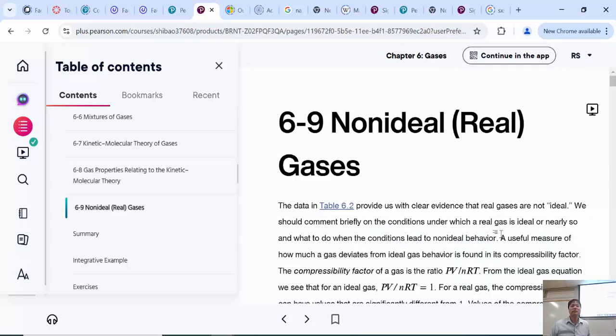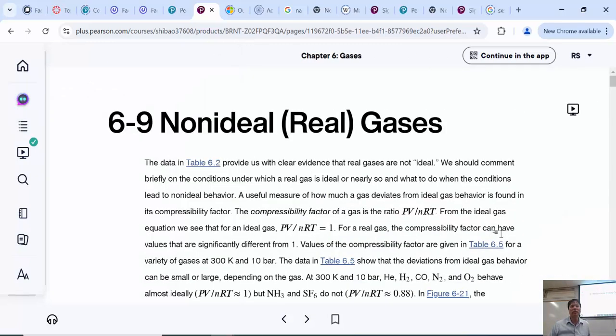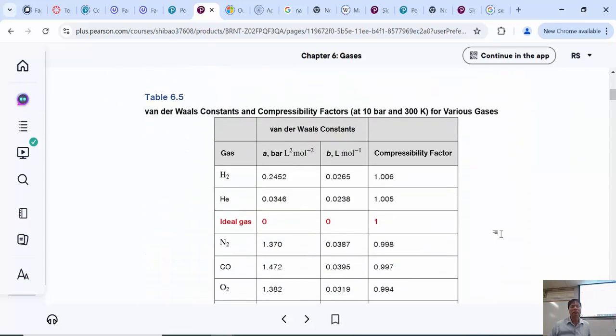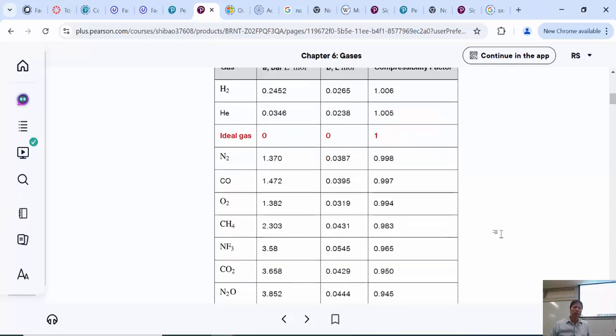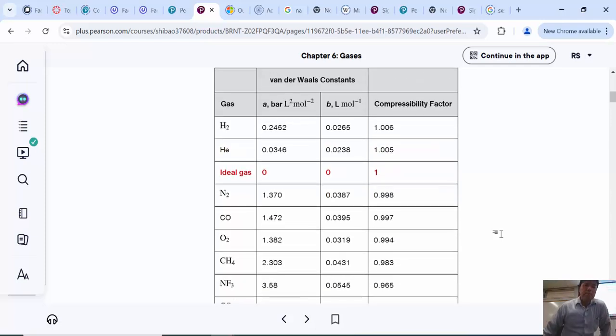Do you remember 6.9? Probably didn't talk about it in 6.9, non-ideal real gases. We can get a gauge about how much deviation we get from ideal behavior. If a gas behaves ideally, then it conforms to the ideal gas law. But some gases deviate.